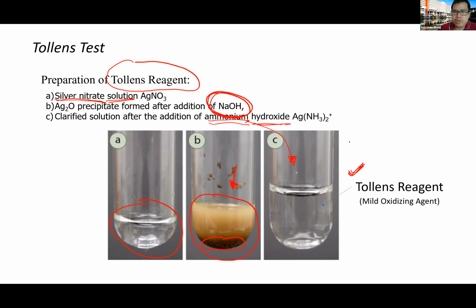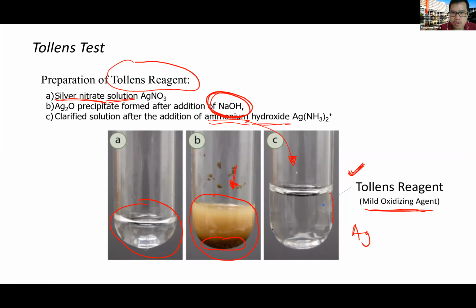So the Tollens reagent is very similar as well. It's a mild oxidizing agent here, so it can oxidize. But what is special about this is that once it undergoes oxidizing reactions, it will leave back silver, Ag, around the test tube.